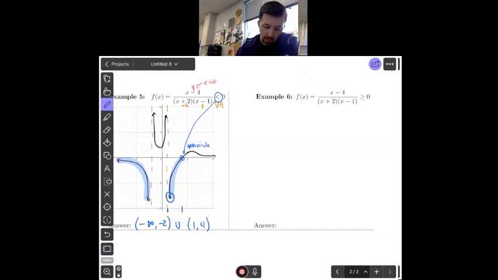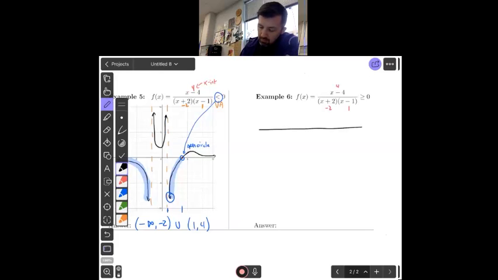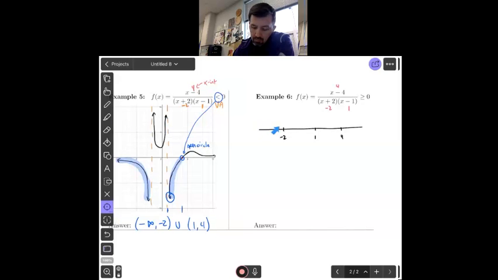So start off here again with -2, 1, and just go to the number line: -2, 1, 4. So within each interval, we want to pick a value. So Grant, what number should I pick over here? I would pick -3.